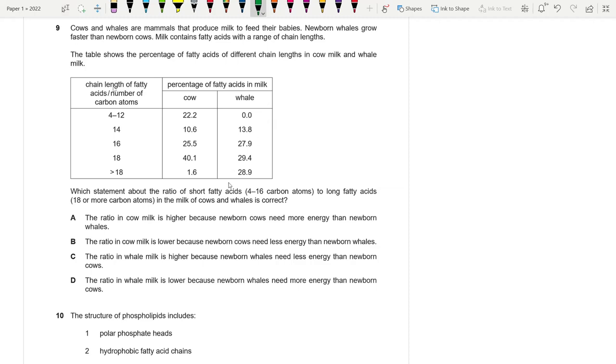Okay, so basically the ratio of short to long is higher in cows. Basically, look, cows have 22.2 percent of short chains. So the ratio in cow milk cannot be lower. Okay, so B is wrong, and the ratio in whale cannot be higher. We can either say that the ratio is higher in cow milk or the ratio is lower in whale milk. Do you understand?